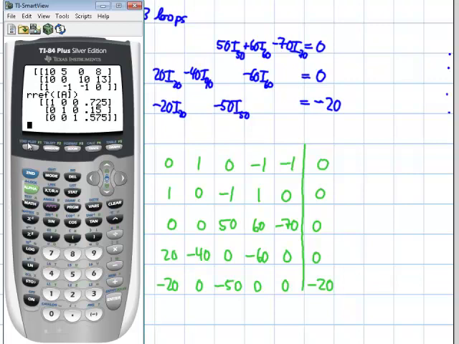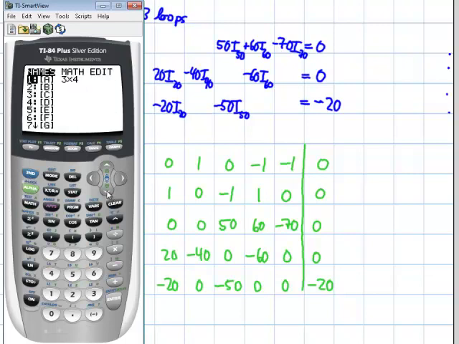Alright, let's do this one here. Actually edit, go one down. I think this is a 5 by 6, and now I have to plug in all the entries.